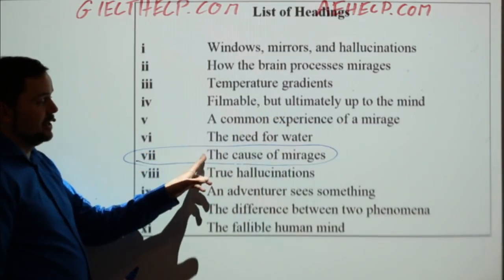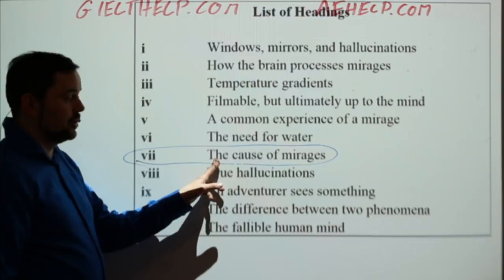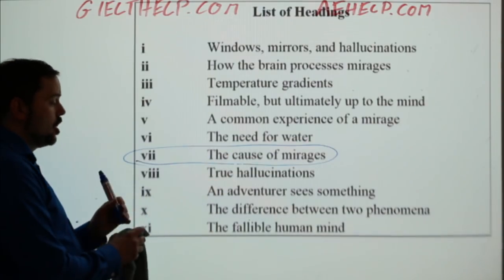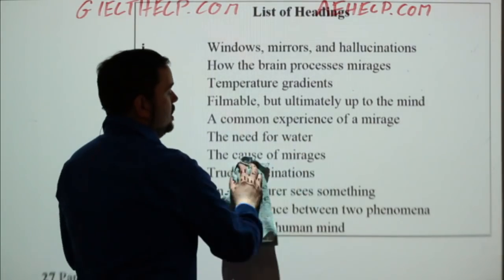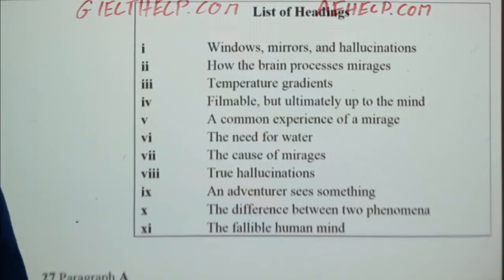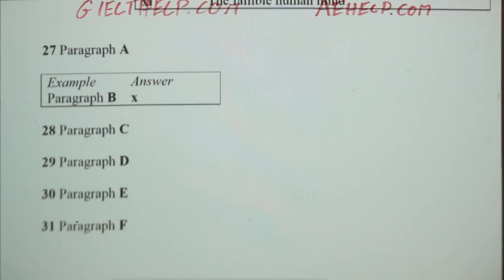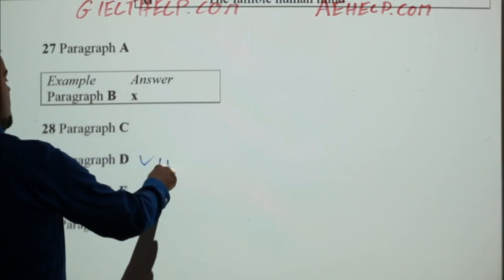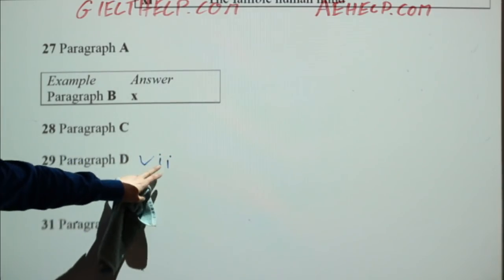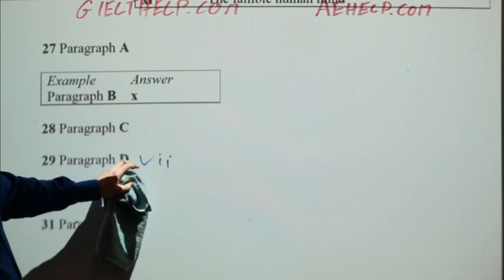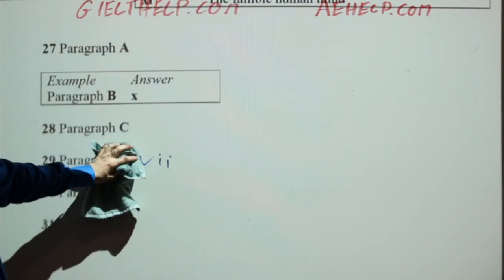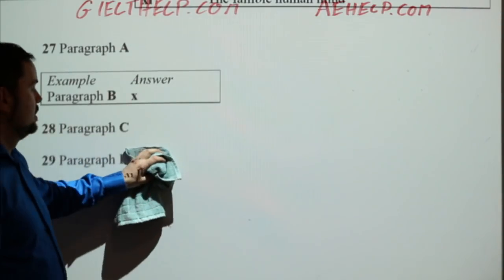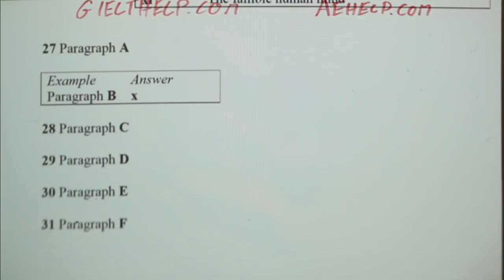The heading for the paragraph is the what answer, and the what answer is the cause of mirages, okay? So the right answer here for, I believe that was D, is 7, right? In your answer sheet, please use the Roman numeral. So don't use the Arabic numeral, use the Roman numeral, what they're showing you, okay? So number 7. All right.